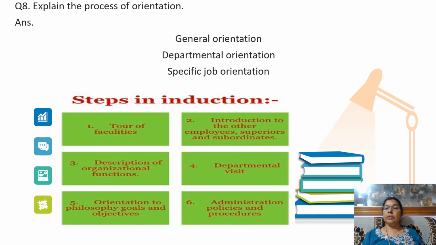General orientation is where all the new employees are gathered into a classroom or an auditorium, and the top management people address them and tell them all details about the company, like its history, its founders, and the rules, regulations and policies of the company. So all general information about the company is shared with the new employees who have joined the organization.